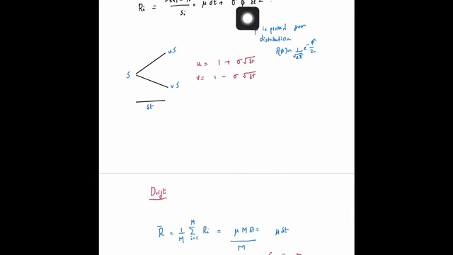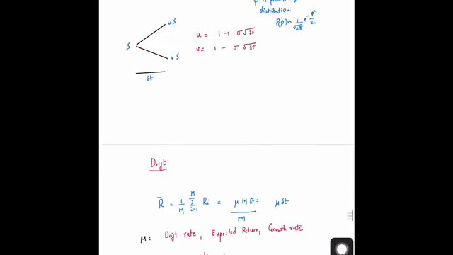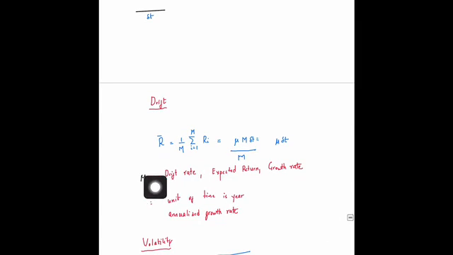When you're summing over many returns, the phi is going to be equally probable with a plus and a minus value, so the average value of this term is going to be equal to 0. So when you evaluate this, it is just mu m dt divided by m, equal to mu dt. Okay, so this mu is called the drift rate, expected return, or growth rate.